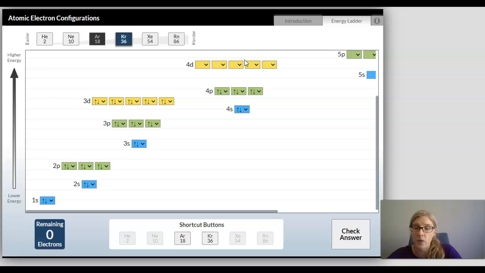So check your answers, look at how the electron arrangement corresponds to the position on the periodic table. Use the shortcut buttons to fill in the first few electrons so that you really only have to use the drop-down menus for the higher energy levels to complete your electron configuration.